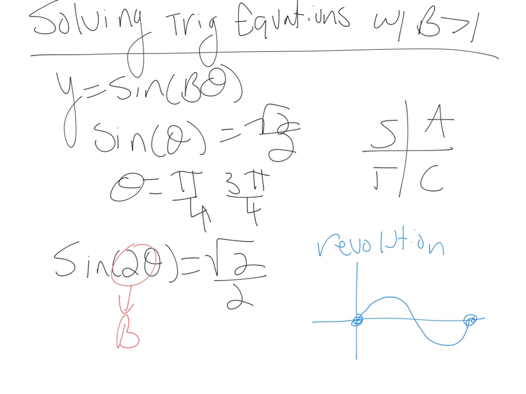Minimum to minimum, maximum to maximum, same place to same place. So here we have b being 2. So let's take a look at what that means.